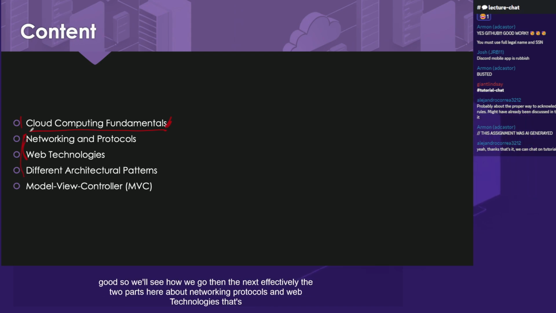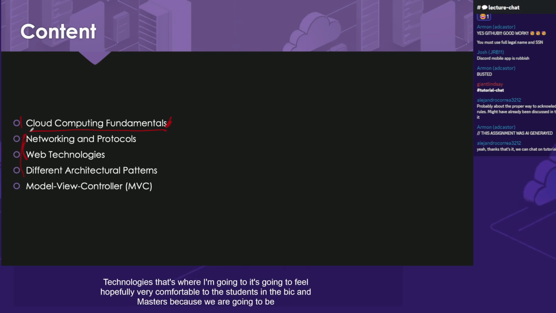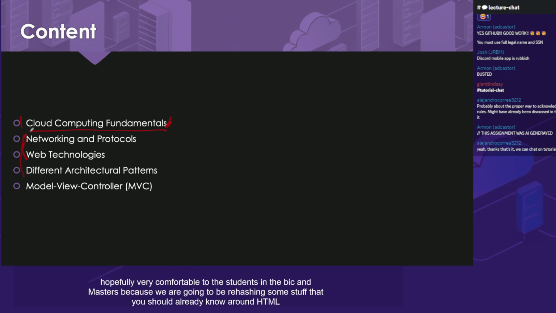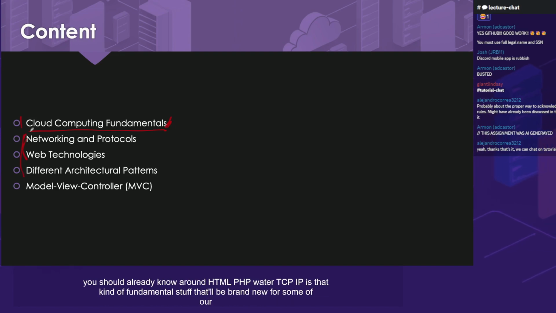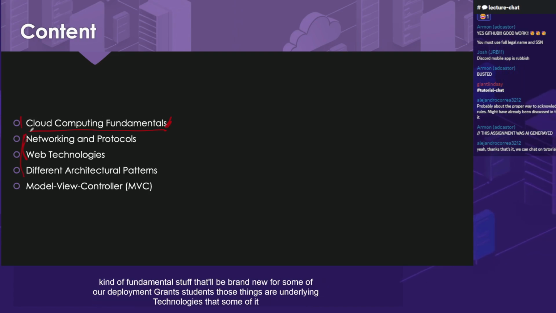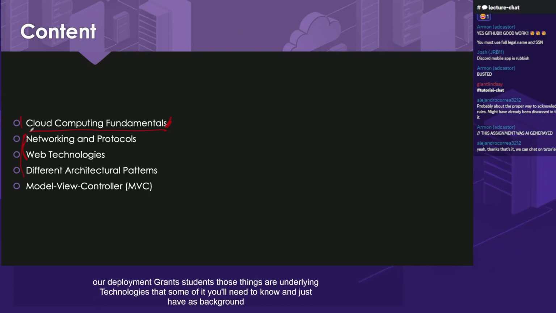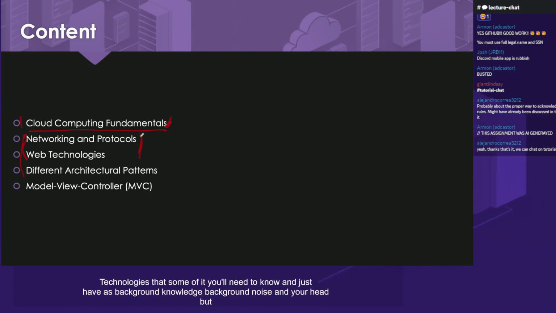That's where it's going to feel hopefully very comfortable to the students in the BICT and Masters, because we're going to be rehashing some stuff that you should already know around HTML, PHP, what TCP/IP is, that kind of fundamental stuff. That'll be brand new for some of our diploma and grad cert students. Those things are underlying technologies that some of it you'll need to know and just have as background knowledge, background noise in your head. But otherwise, it's just setting the scene. It should be a relatively easy start.